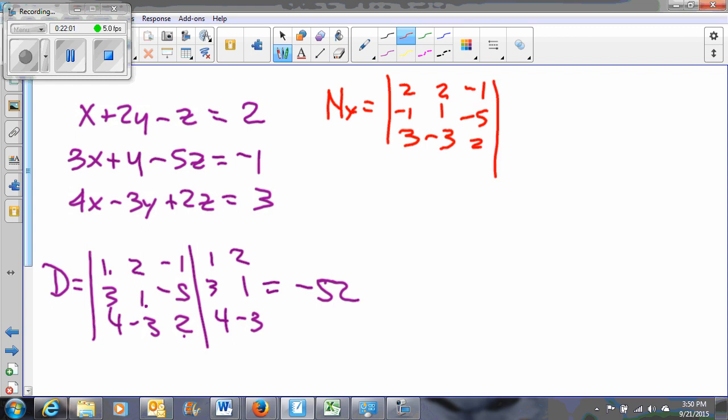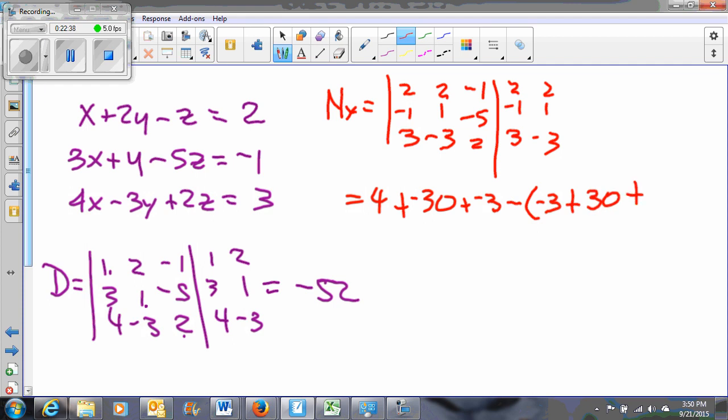So now let's see what we get. 2 times 1 times 2 is 4, plus 2 times negative 5 times 3 is negative 30. Negative 1 times negative 1 times negative 3 is negative 3. And then minus 3 times 1 times negative 3, that's negative 3. Plus negative 3 times negative 5 times 2, that's 30.